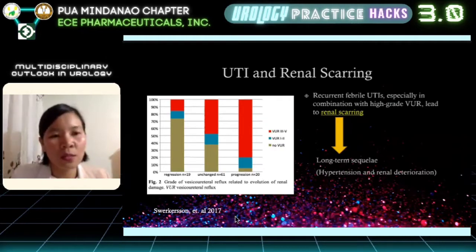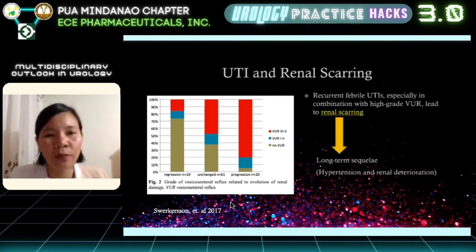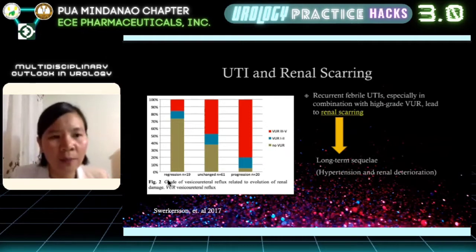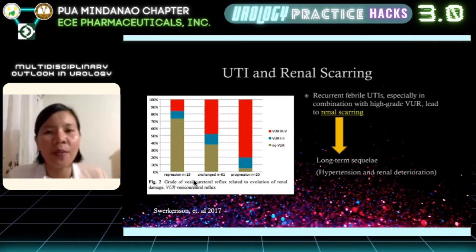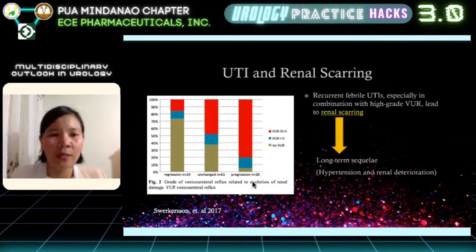So there was a study done by Swerkenson, noting whether patients develop renal scarring or renal damage after UTI. Here, it showed that most of the children with febrile UTI actually do not develop renal damage. Only 1/5, or 20 out of 100 children, will eventually develop renal damage.